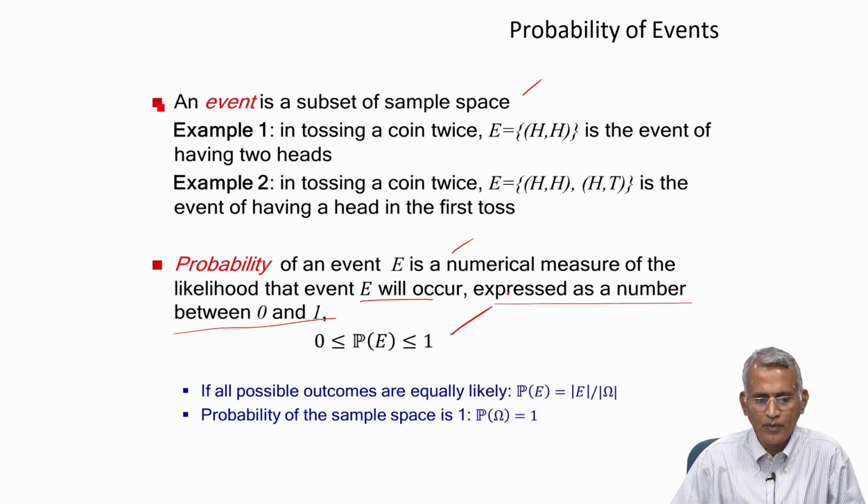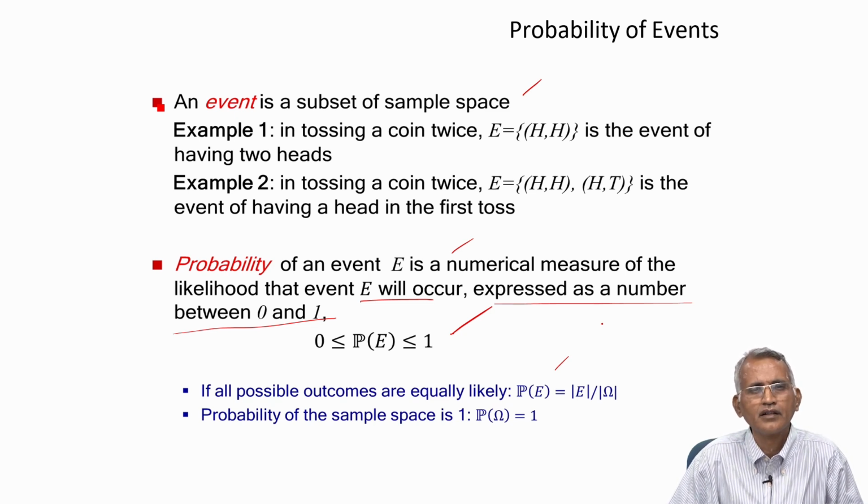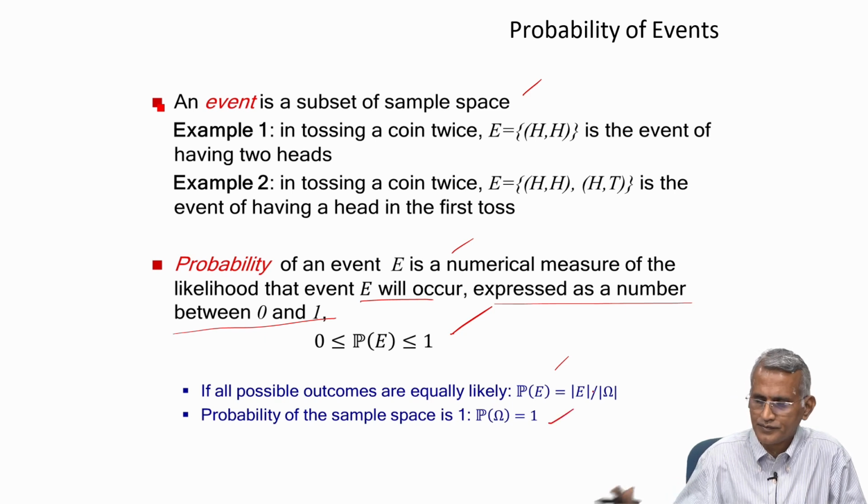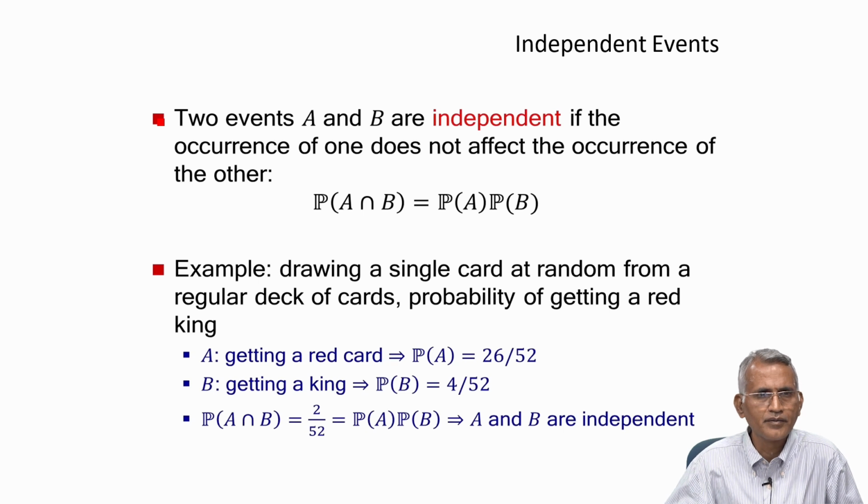If all possible outcomes are equally likely, then the probability of E equals the cardinality of E divided by the cardinality of the total space. The probability of the sample space is 1, meaning both the event and the sample space are equal, therefore it becomes 1.